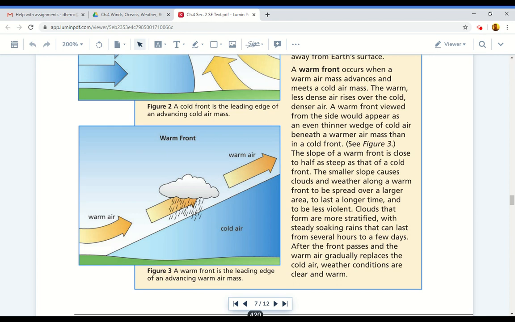The smaller slope causes clouds and weather along a warm front to be spread over a larger area, to last a longer time, and to be less violent. Clouds that form are more stratified, with steady soaking rains that can last from several hours to a few days. After the front passes and the warm air gradually replaces the cold air, weather conditions are clear and warm.